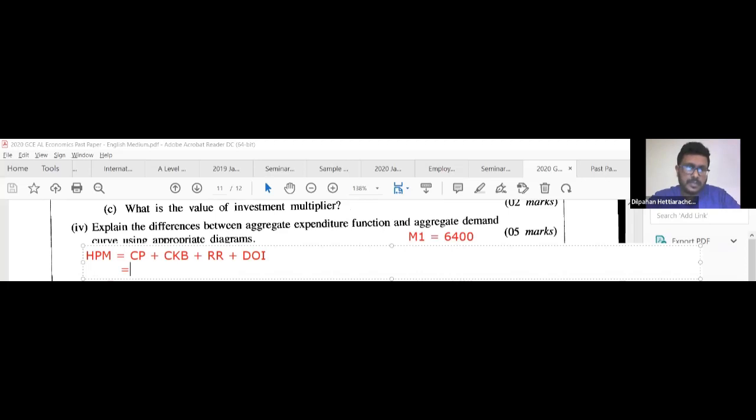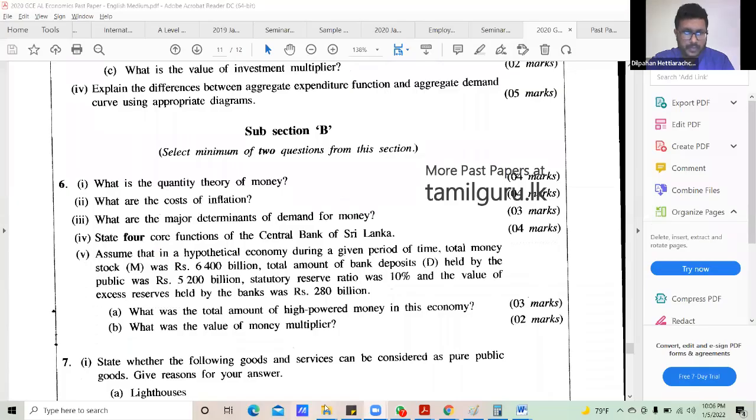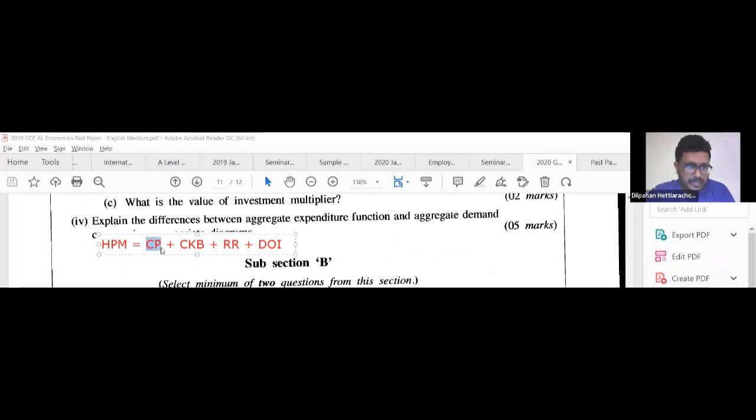CP stands for currency held by public. CKB stands for, okay, I have to write the equation. High-powered money equals CP plus CKB plus RR plus what else? DOI. CP means currency held by public.